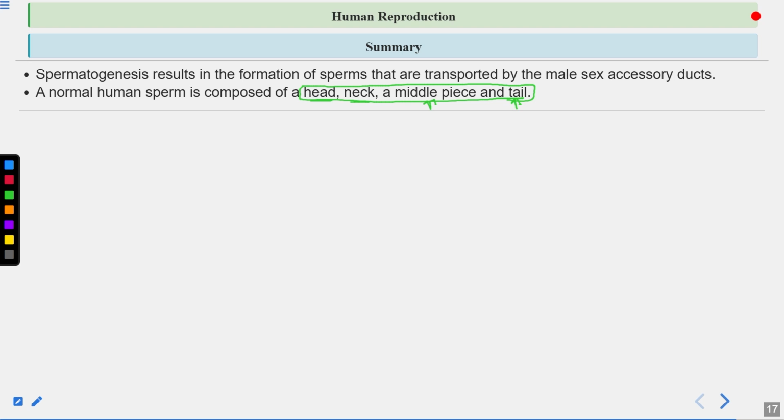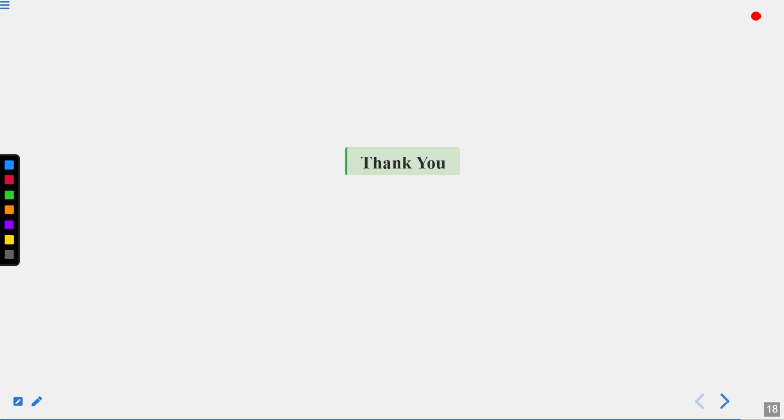You should know about the ploidy level of all the cells formed during spermatogenesis, and from one primary spermatocyte, how many spermatids or sperms are produced. Clear? So this is the end of the theory.